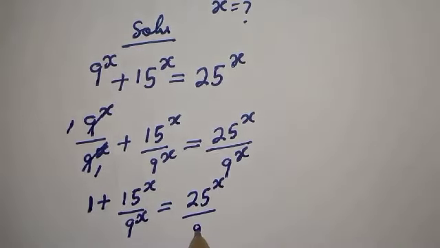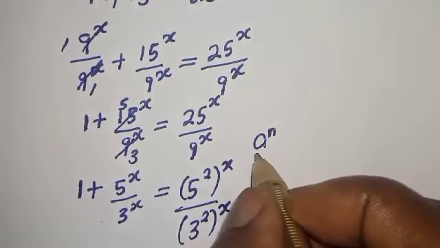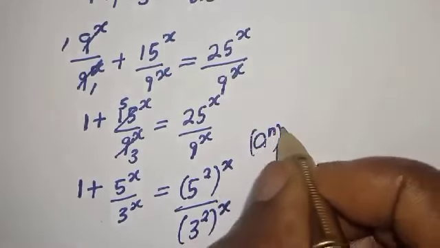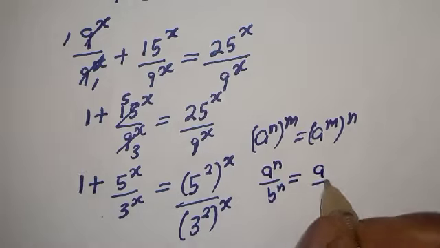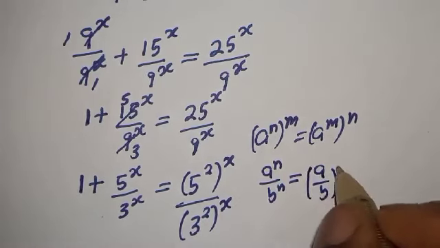Take note of this exponential rule that if you have a raised to power n to the power of m, this is equal to a raised to power m to the power of n. And if you have a raised to power n over b raised to power n, this is equal to a over b to the power of n.